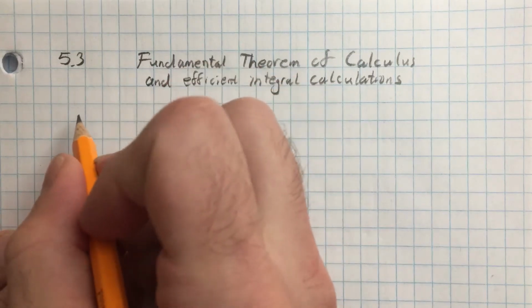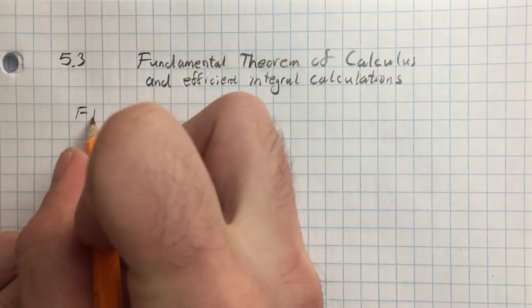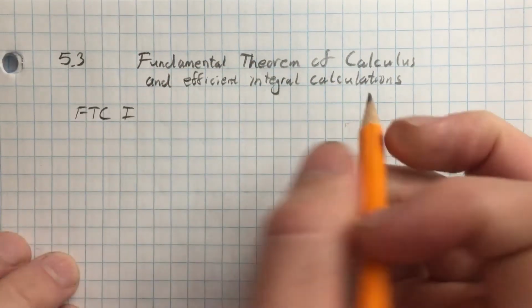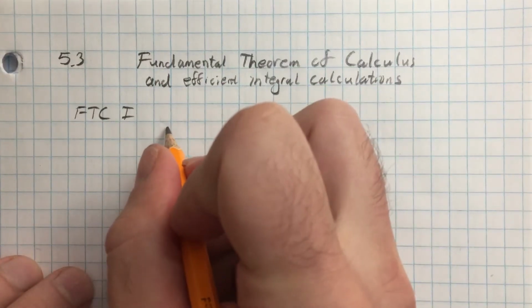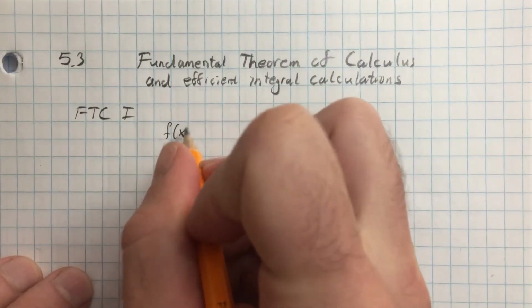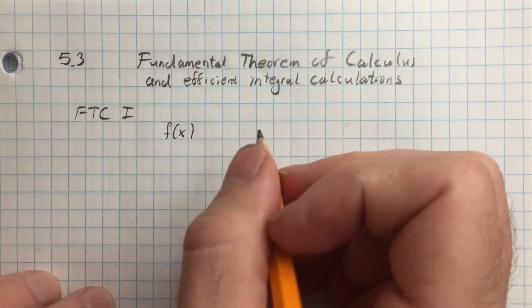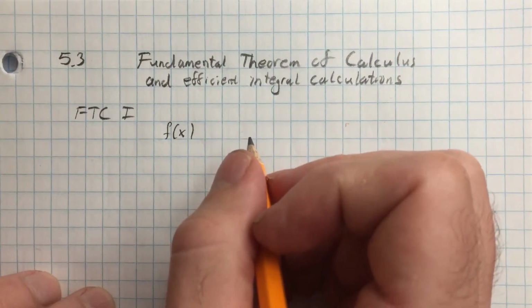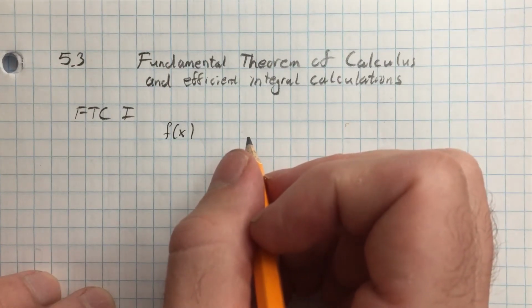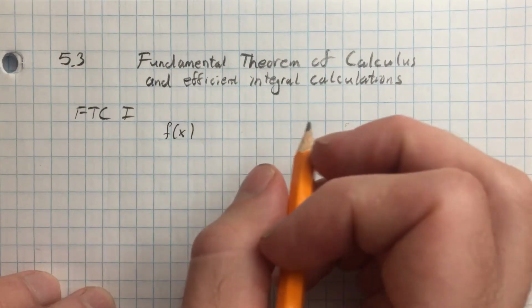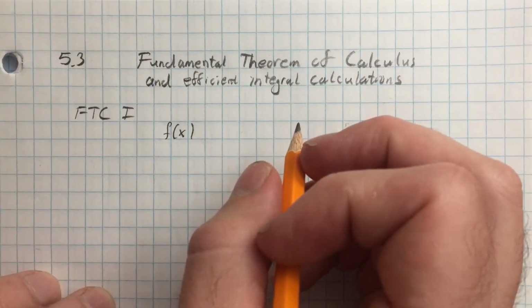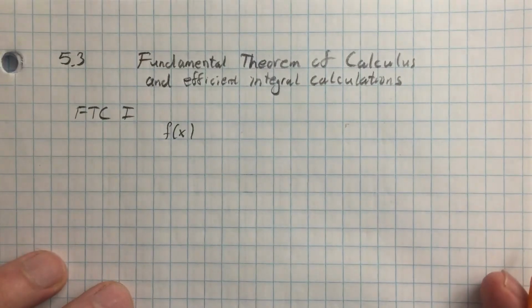So version 1, let's write Fundamental Theorem of Calculus Part 1, is the idea that the two operations of integration, that is the definite integral now, and derivative, those two operations are inverse procedures.